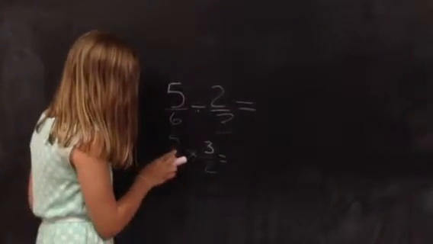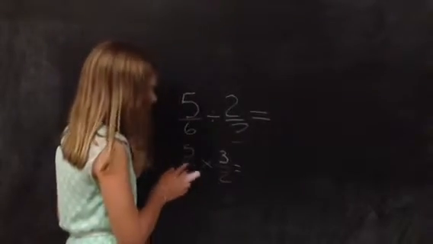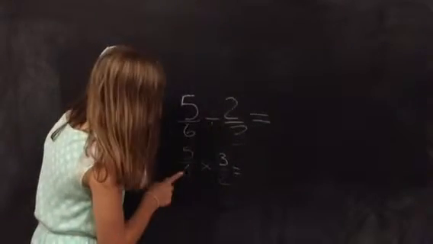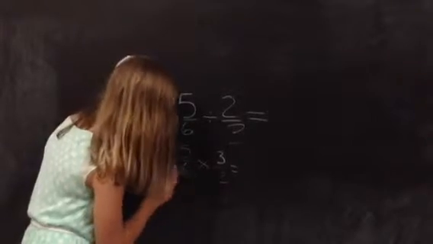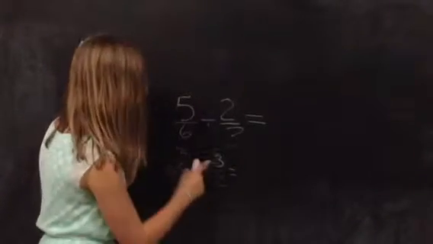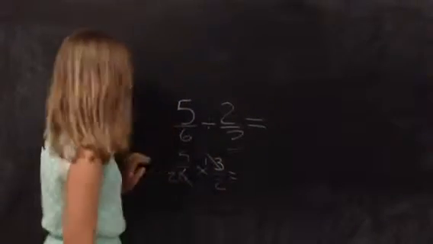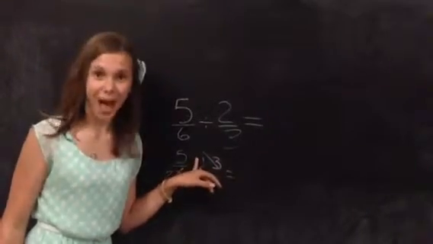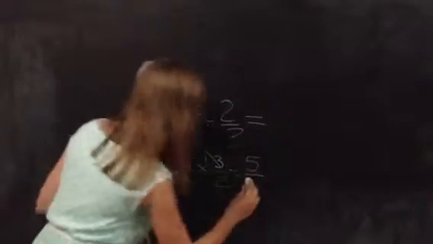So 5 and 2 don't have a GCF, but 6 and 3 do, so it's 3. So 6 divided by 3 is 2, and 3 divided by 3 is 1. And then 5 times 1 is 5, and 2 times 2 is 4.